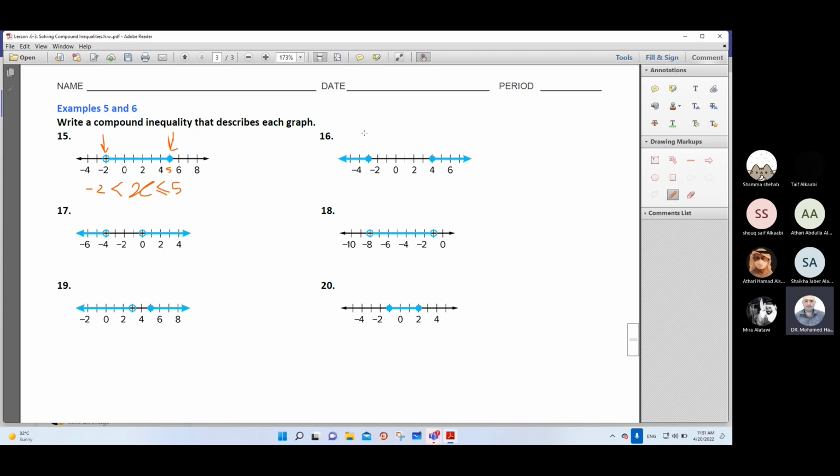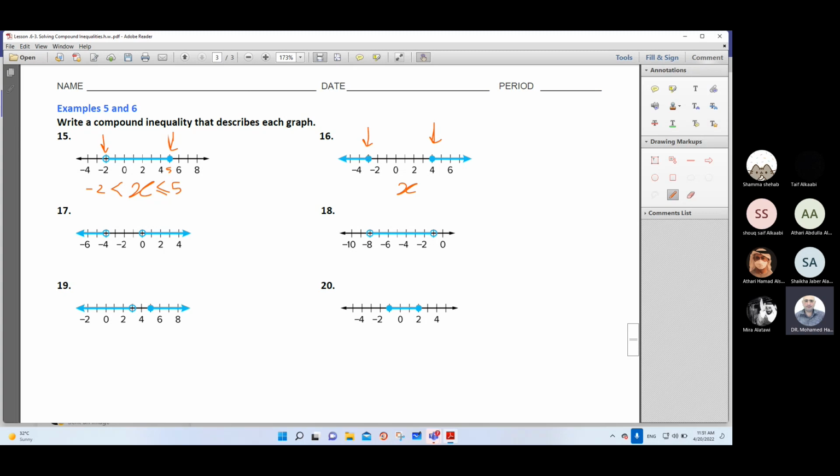Here, also, you have two values. You can represent any variable. I will use x. As you see here, shaded circle, so use equals in the sign.